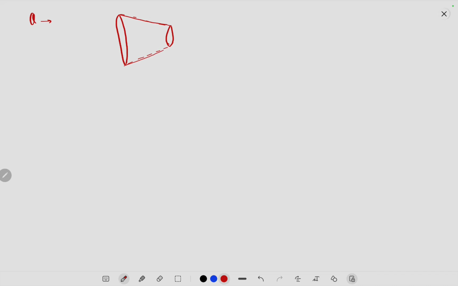Let's say we are given a converging pipe. Okay, let's say these are my coordinate axes. Let's say this is x, let's say this is y, this is my center line.